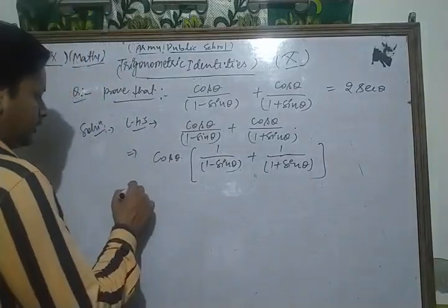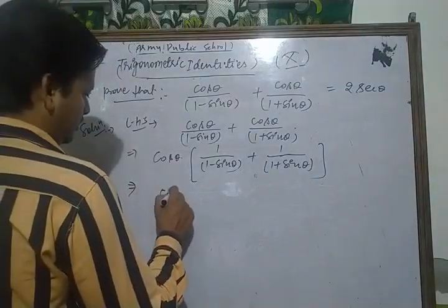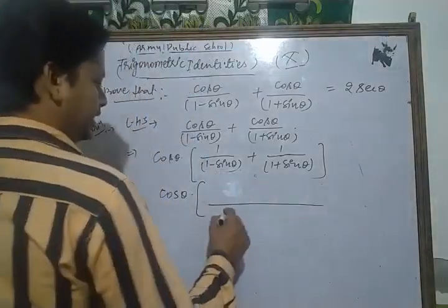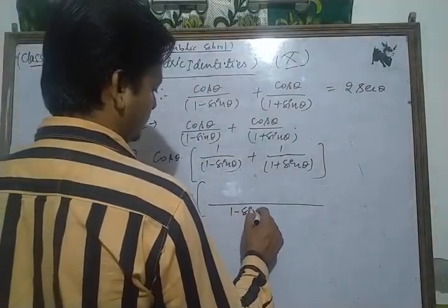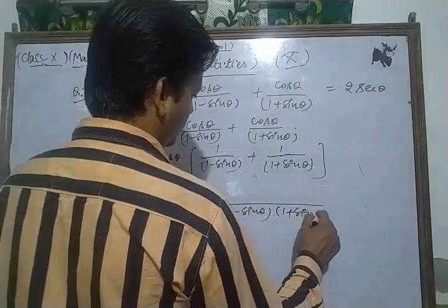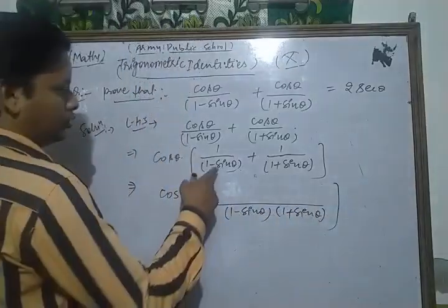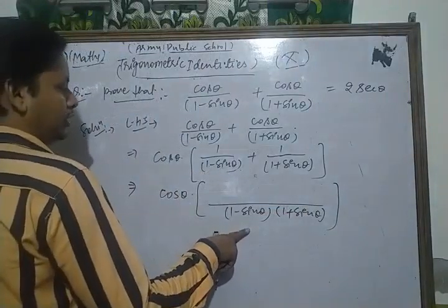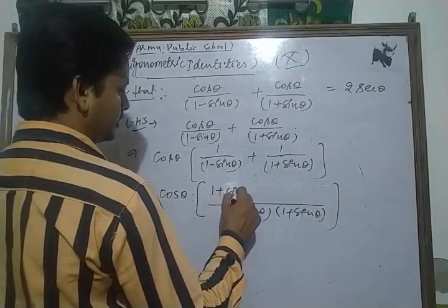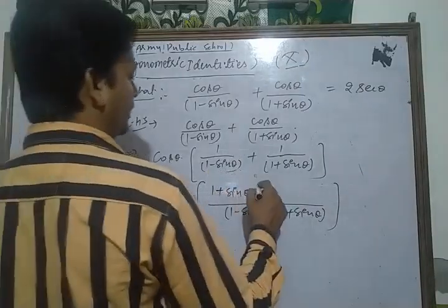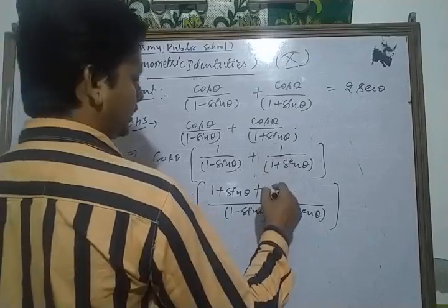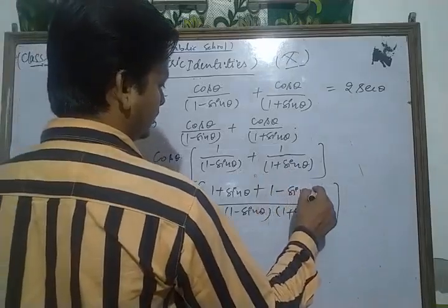So we get the denominator as 1 minus sin theta into 1 plus sin theta. Here 1 minus sin cancels, so 1 plus sin into 1 is 1 plus sin theta, plus 1 plus sin cancels, and 1 minus sin theta into 1 is 1 minus sin theta.